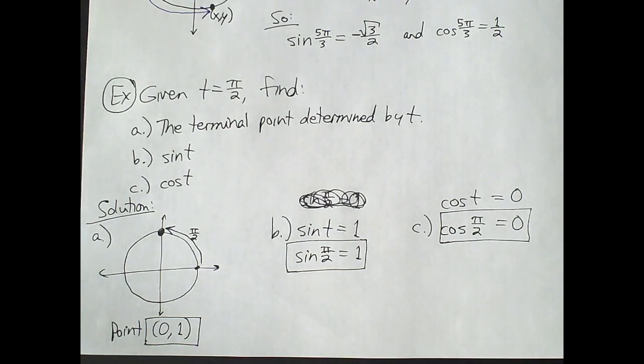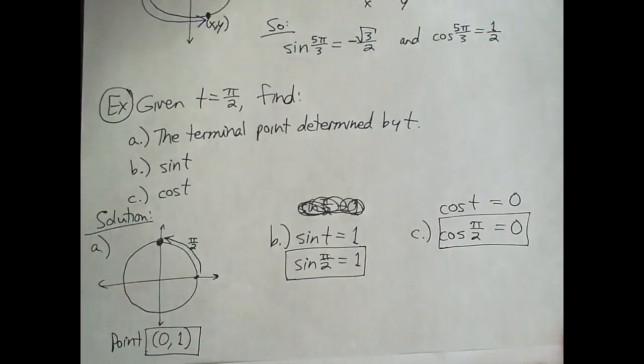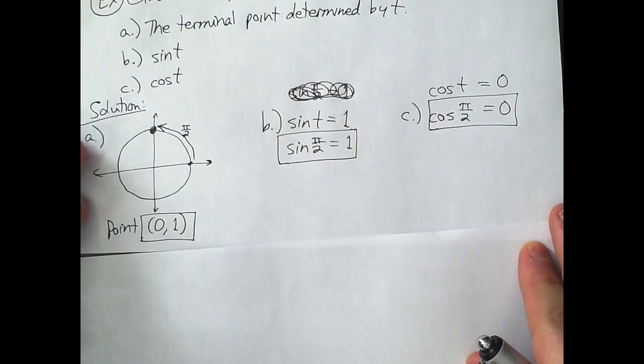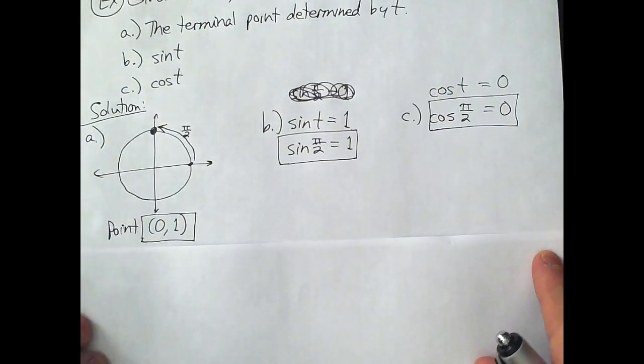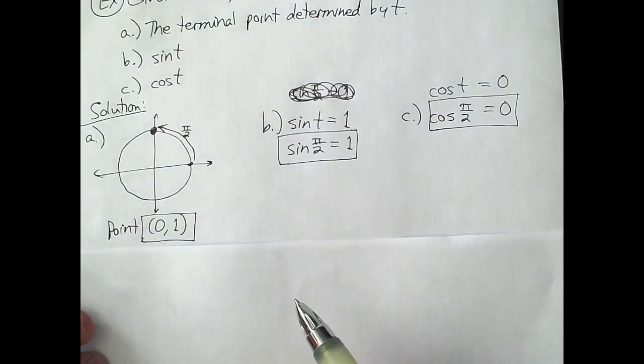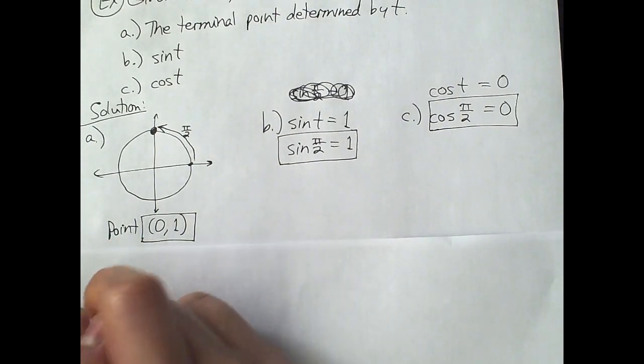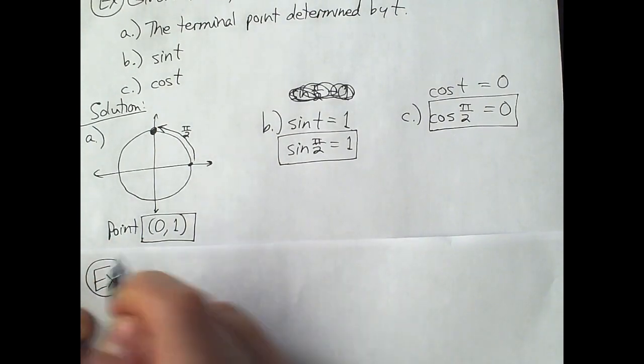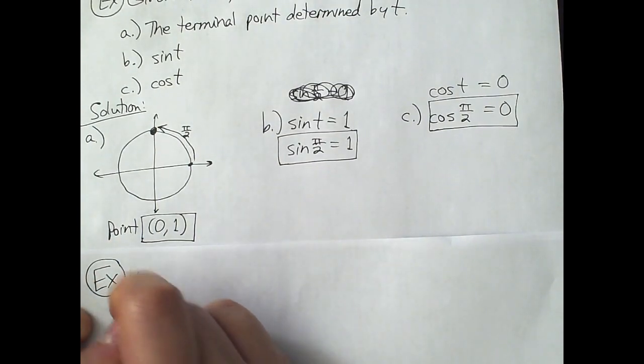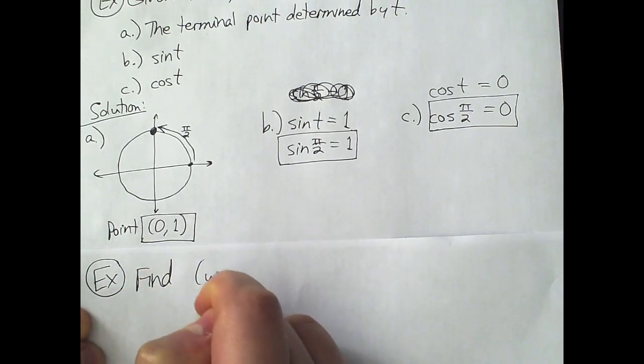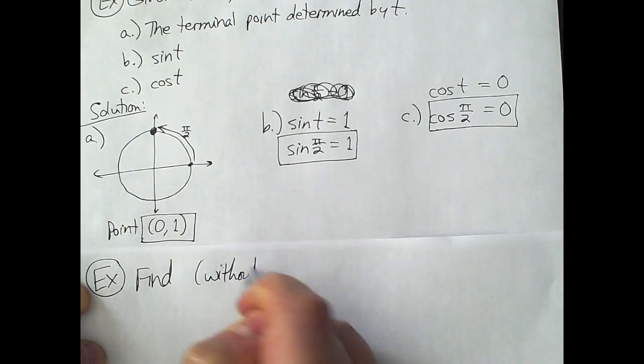Now, sometimes you'll get a problem. If you're lucky, you'll get a problem like this that breaks it down into all these little steps. Find the terminal point, then find sine, then find cosine. But you could also be given a problem that just asks you to find sine or cosine of some number. So I'm going to ask you to find, without a calculator, cosine of pi.